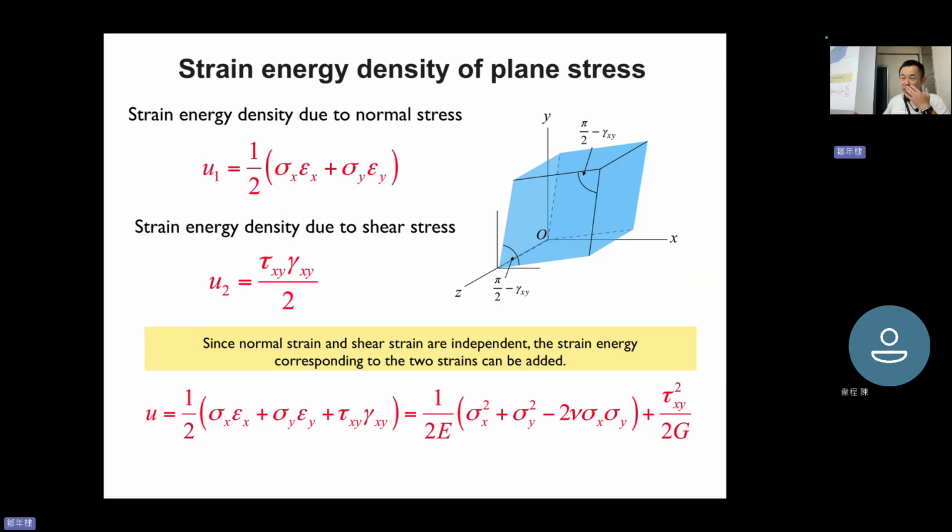Why can this happen? Because they are independent. Normal stress makes the volume change, but shear strain rarely makes the volume change, because you only twisted the angle, you didn't change the volume. So actually normal stress and shear stress are independent.